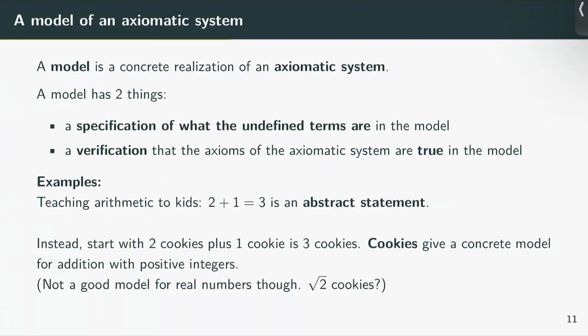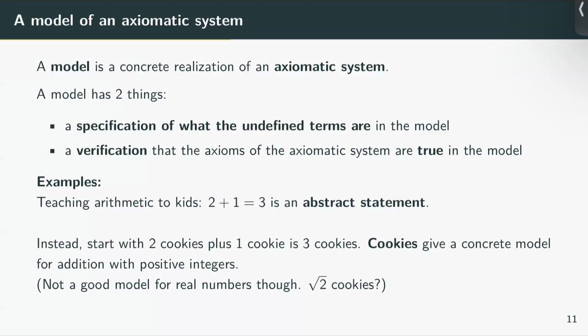So in that sense, cookies give a concrete model of addition with the positive integers. I should point out that this is a little bit tricky, right? You need to choose the model appropriately for the object you're looking at. Cookies do not give you a good model for the real numbers because it's not clear at all what root 2 cookies should be. And that's not a natural operation on cookies. Instead, maybe for the real numbers, it's more natural to look at a number line or distances, something like that.